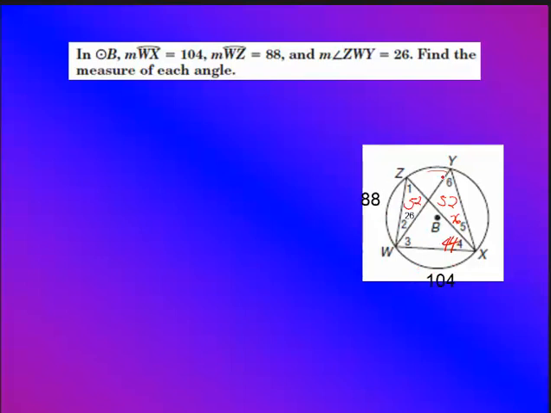I can find arc ZY because its inscribed angle is 26, so that means the arc is going to be twice that. Twice 26 is what, 52? How would I find what's left of my circle?